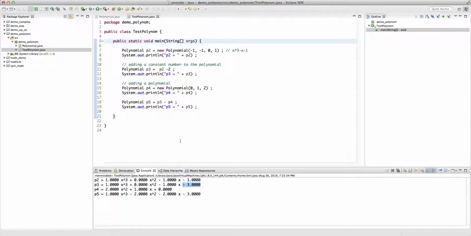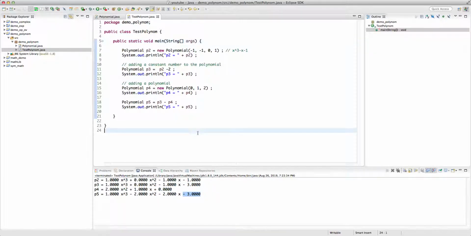Okay, and then we have P4 2x squared plus x plus 0, and then P3 minus P4: x cubed comes down, 0x squared minus 2x squared is minus 2x squared, minus 1x minus 1x equals minus 2x, minus 3 minus 0. Okay, the subtraction also works.